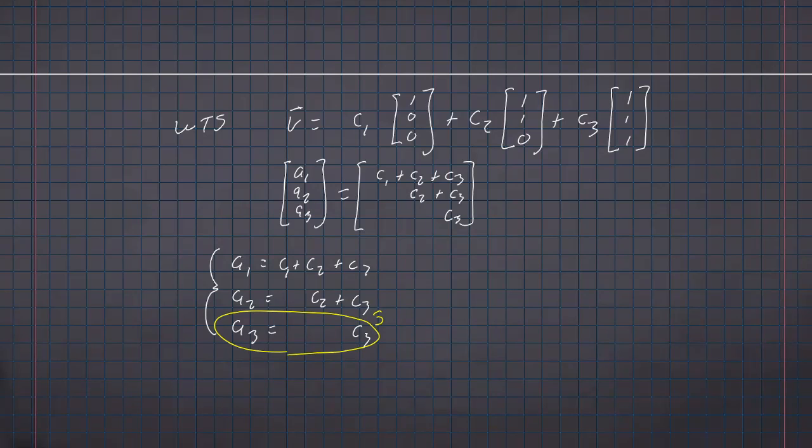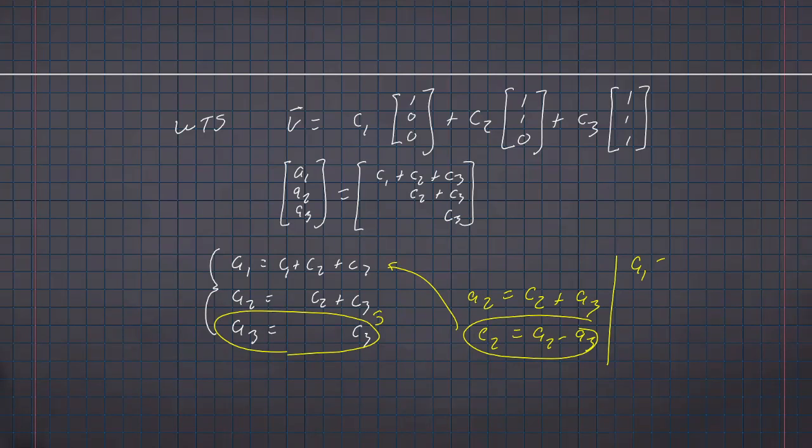Substitute that in up here. a2 is equal to c2 plus a3, which means that c2 is a2 minus a3. Substitute that in up here, we get that a1 is c1 plus a2 minus a3 plus a3. The minus a3 and plus a3 cancel each other out.